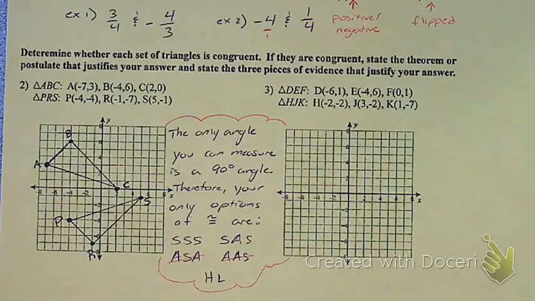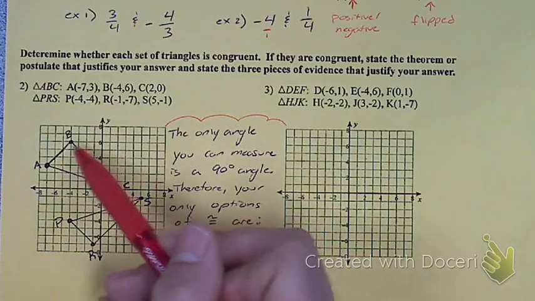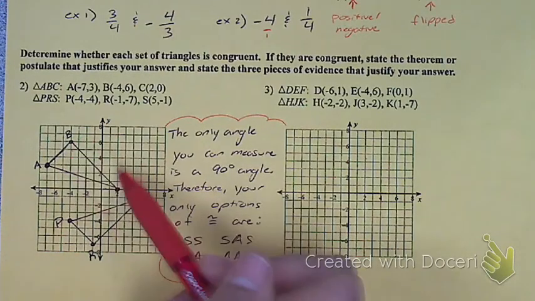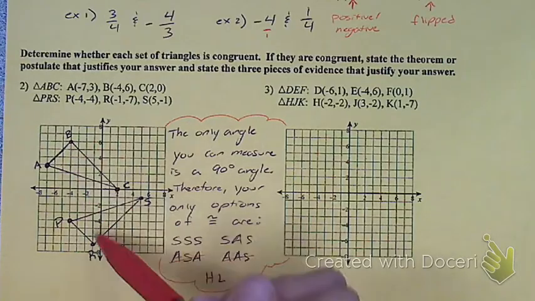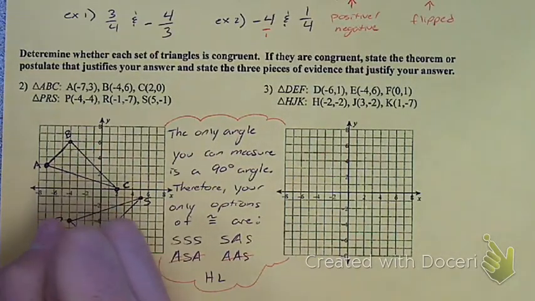So which angles look like they can be right angles in this problem? So angle PRS, which is R, and which other one in the other triangle? And B, or ABC, which is B. So we're going to prove that right now. I'm going to show the work here for my slopes.